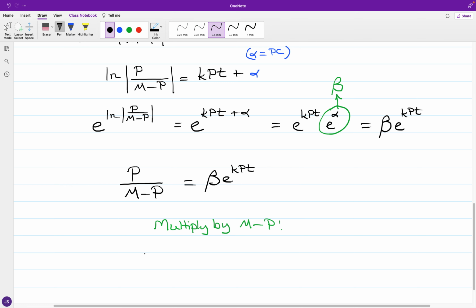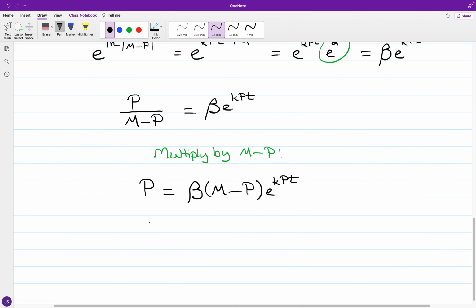on the left-hand side that's going to be P. Then we have beta times the quantity of M minus P times e to the kPt.